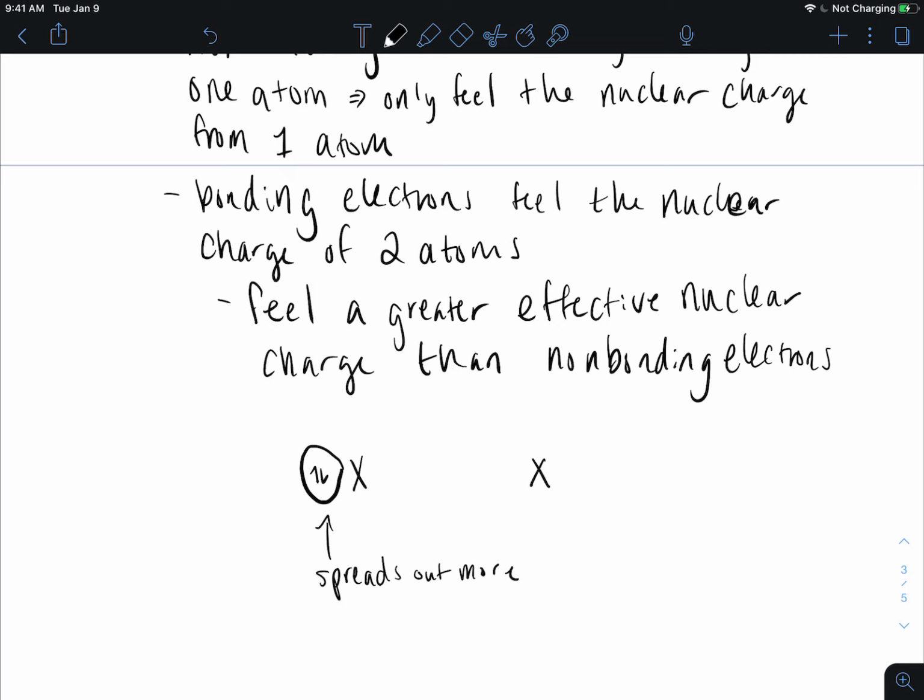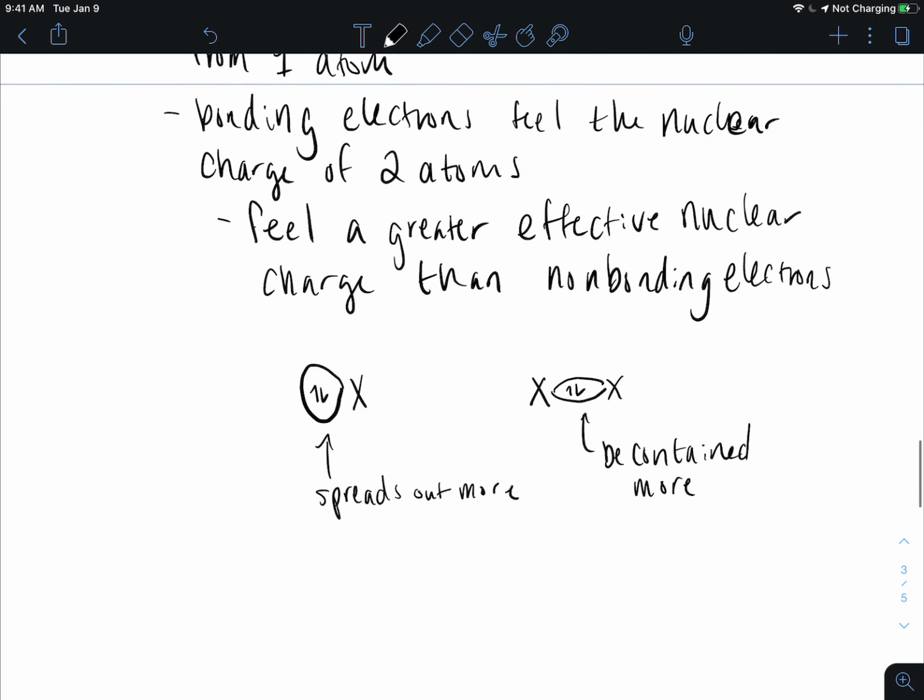Versus if we have a pair of electrons between two atoms, this can be contained more. So we would say that our non-bonding electrons repel more than bonding electrons.